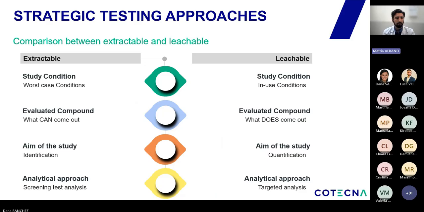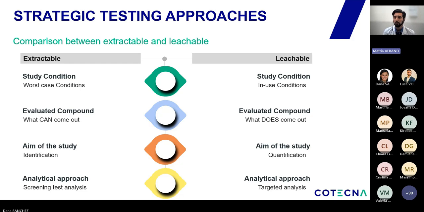So at the end, I would like to underline the importance of these two methodologies of analysis. And in my opinion, these two methodologies are not parallel, but we must manage them as part of the same landscape.